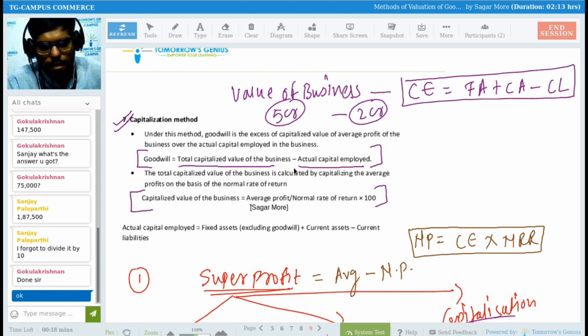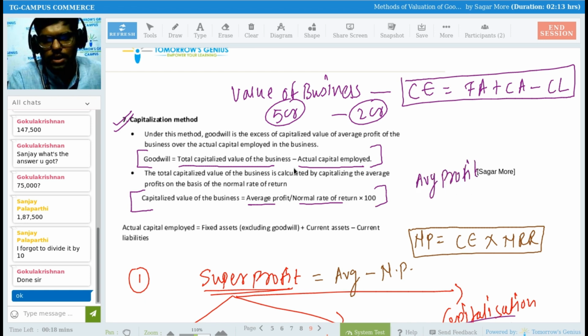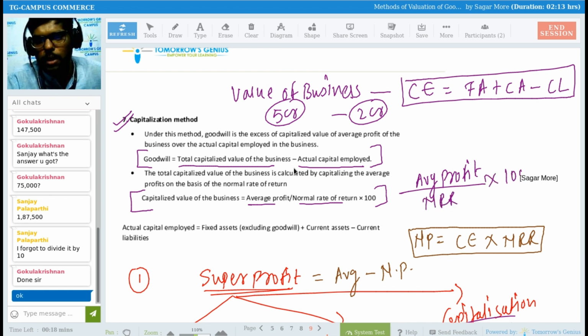See the formula. Capitalized value of the business is equal to average profit divided by normal rate of return multiplied by 100. Sir, the goodwill formula for the capitalization method is capitalized value of business minus capital employed, that is, value of business minus capital employed.